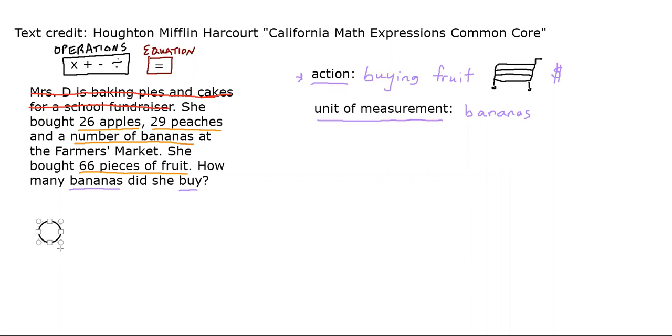Now in early elementary school, it might have made sense for you to draw each piece of fruit because maybe you had only one apple, one banana, one peach. So you could draw each of those in a reasonable amount of time. But now if I have to go and draw 66 pieces of fruit, that's going to take all day.